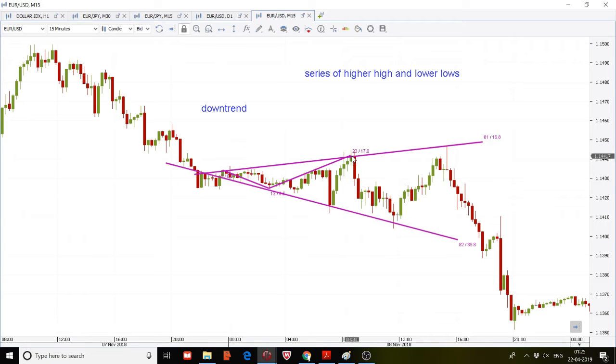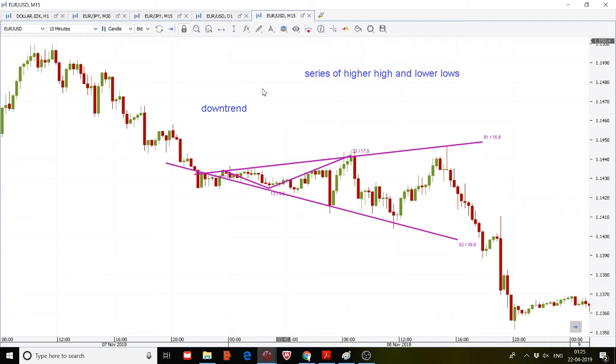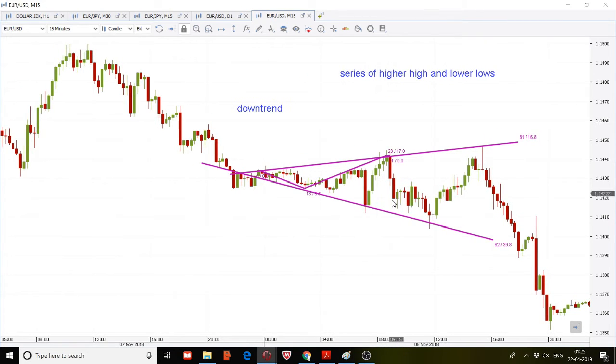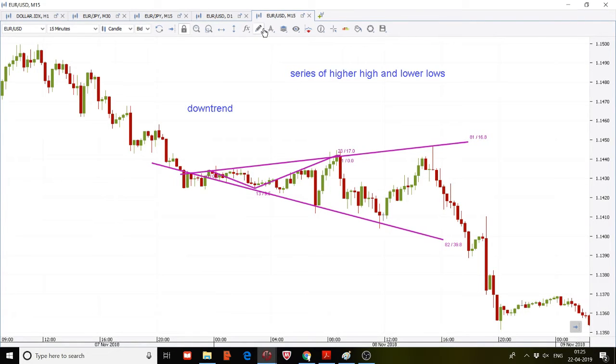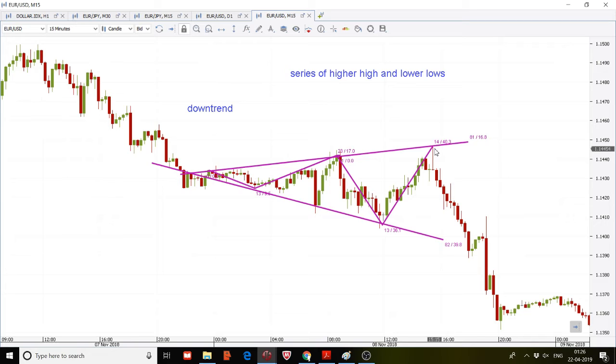This will be the second wave, then the third wave, the fourth wave, and this is the fifth wave. And this is the last leg.